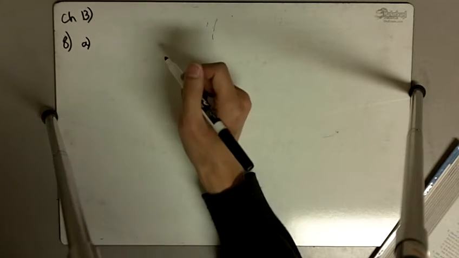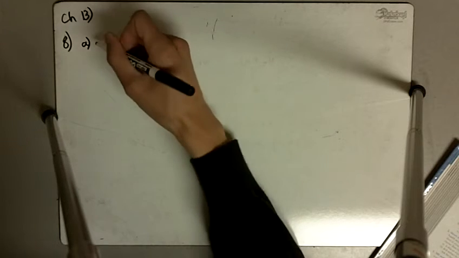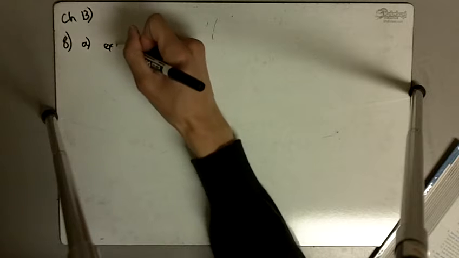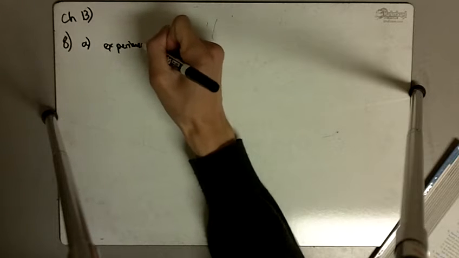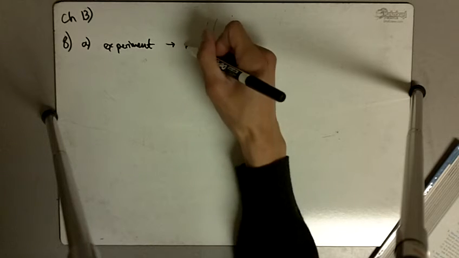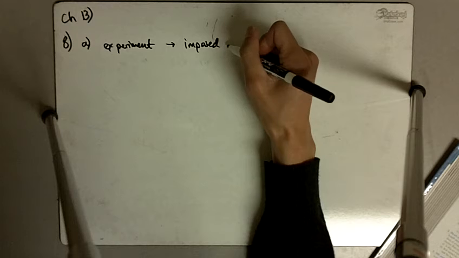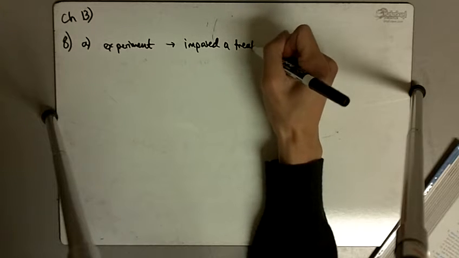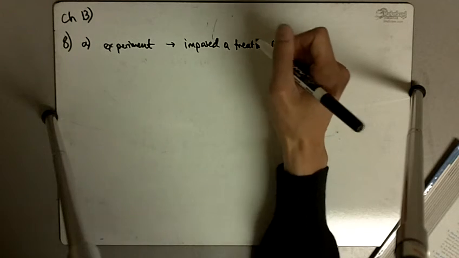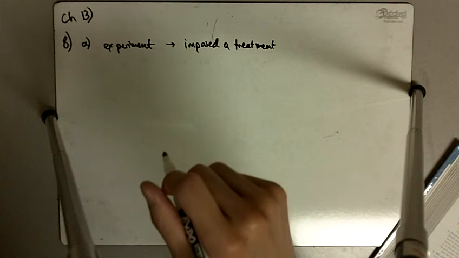So is this an experiment or an observational study? And the answer to this is that it's an experiment, okay? Because everybody who participated, we forced them, we imposed a treatment. And that treatment was participation in the resistance training program.